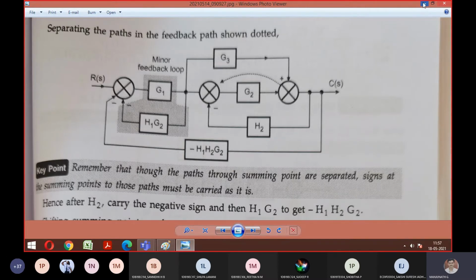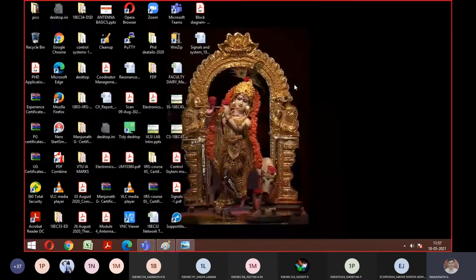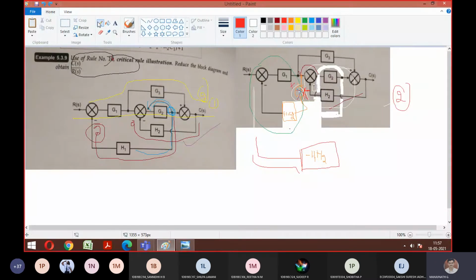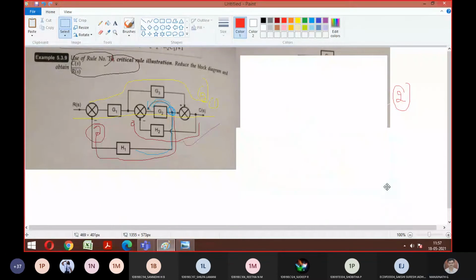So then how does it look? Let me go to Paint. We are discussing with respect to this path. I will just write what is left out here. Here one summing point is there.